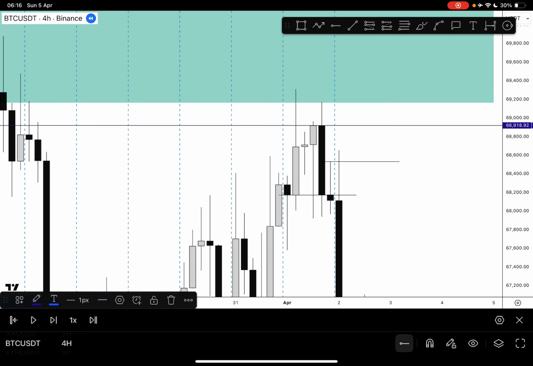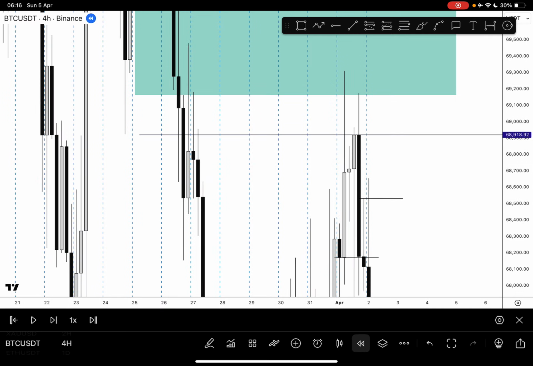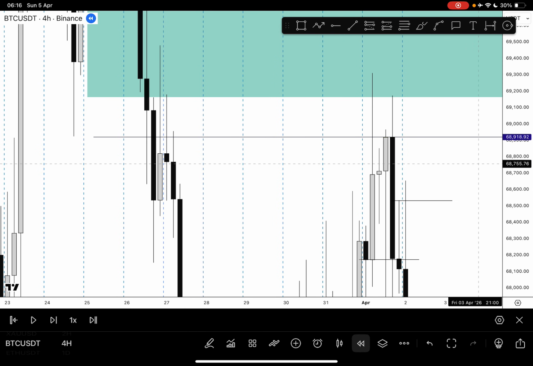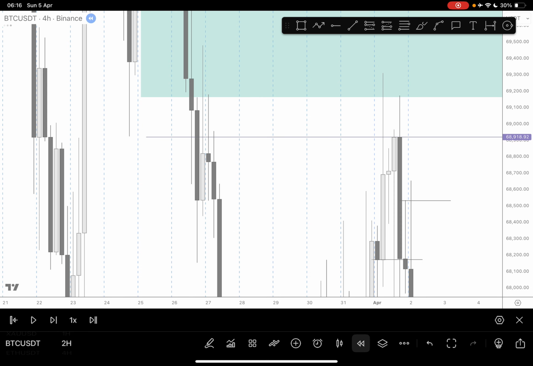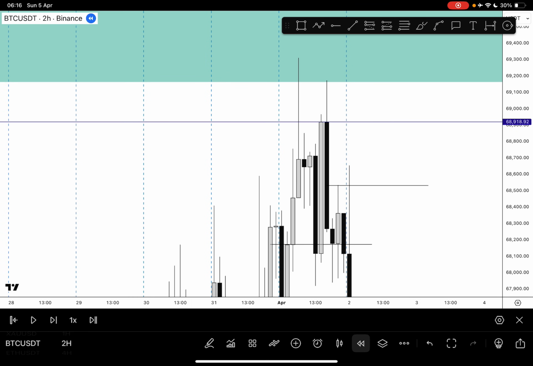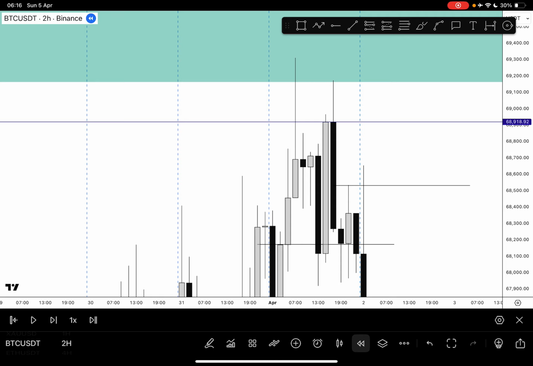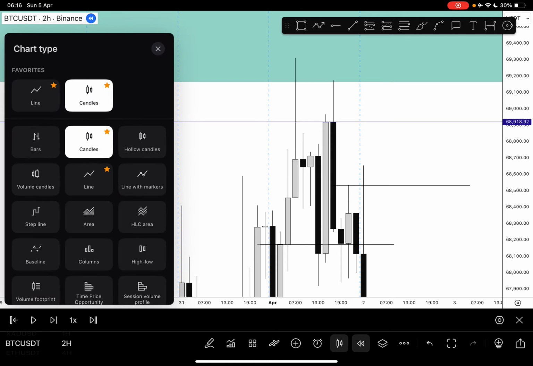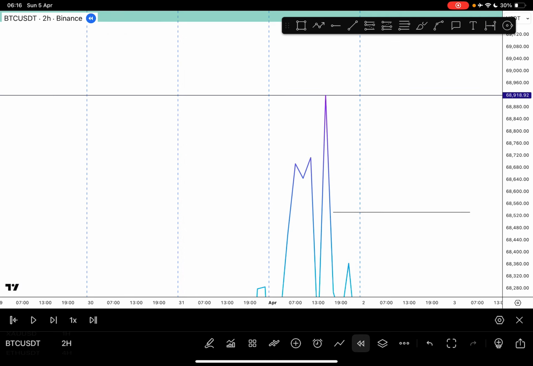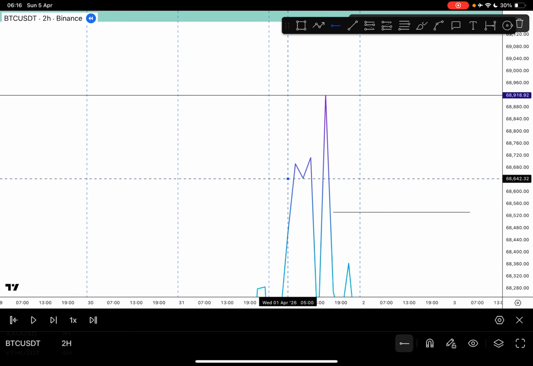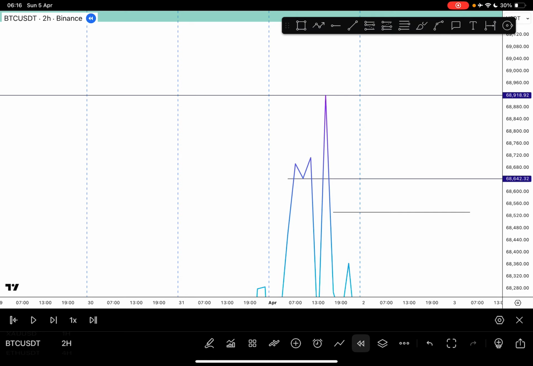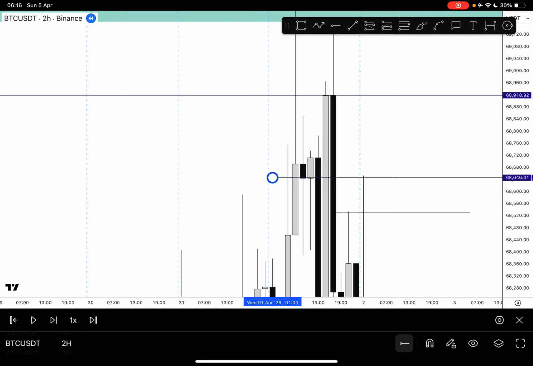So basically, for the entry I just used, I looked at the nearest level on the 2-hour time frame. I look at the nearest level on the 12. Now look at this right here. Bam. So I also use this closer one right here.